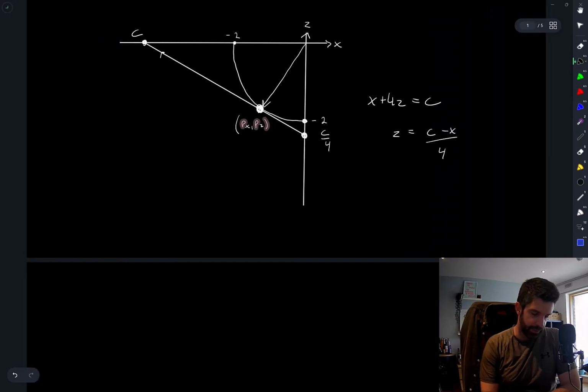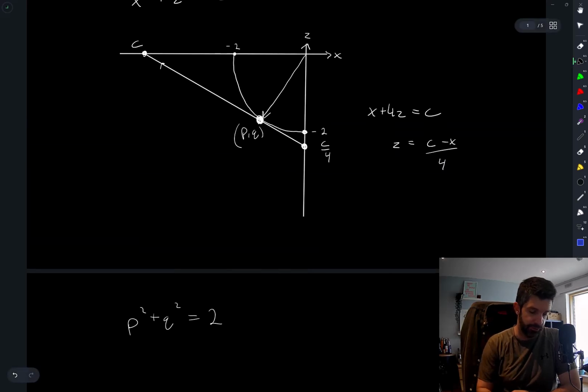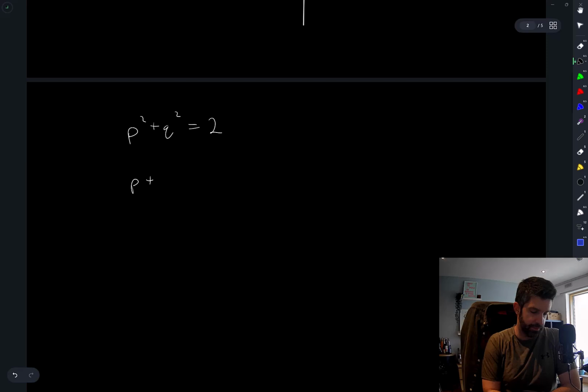Let's just call this P and Q. Okay, so I've got P squared plus Q squared is equal to 2. And I also have that it's on this line. So P plus 4Q is equal to C.